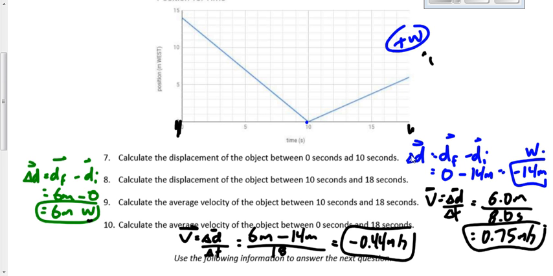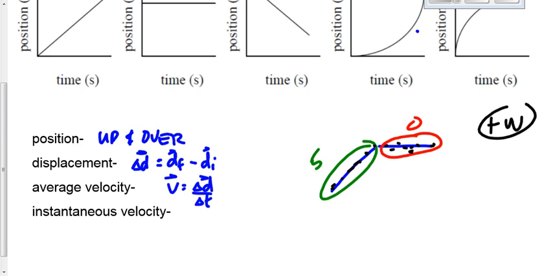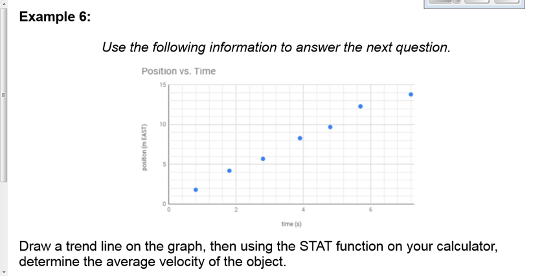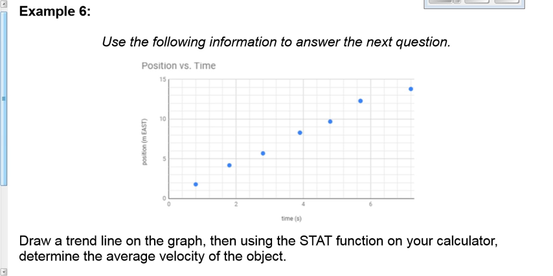Okay. Now I want to show you something else with a position time graph. Going to get you to take out your calculators for this one. This is more of what you saw in your lab activity, right? Points on your lab activity were closer together, but these are data points.